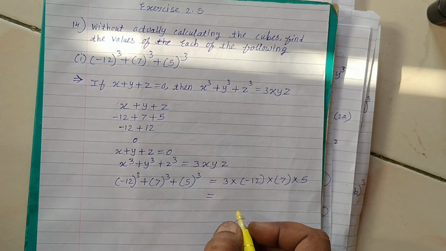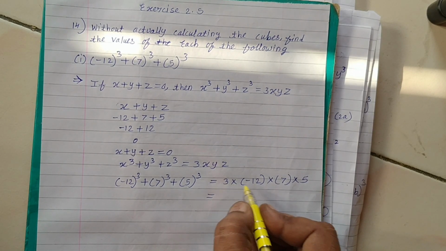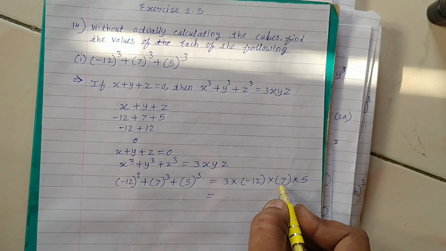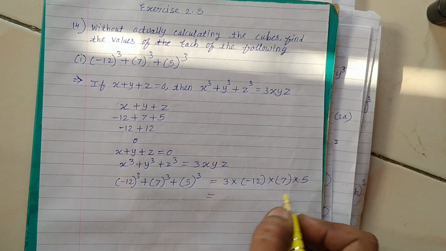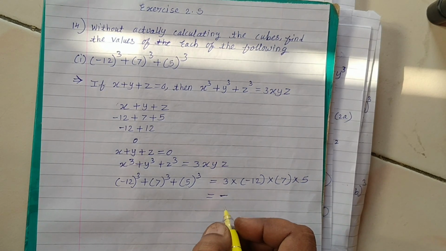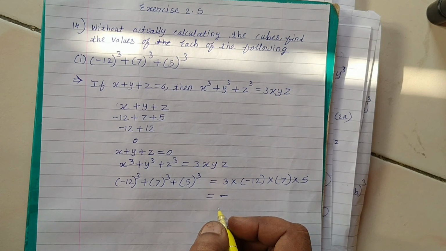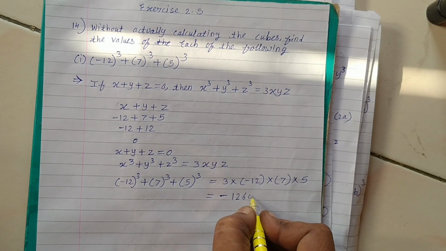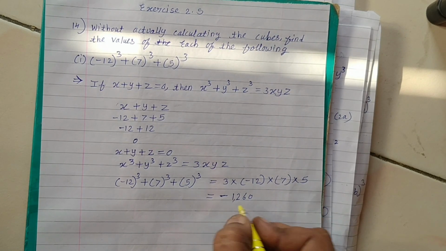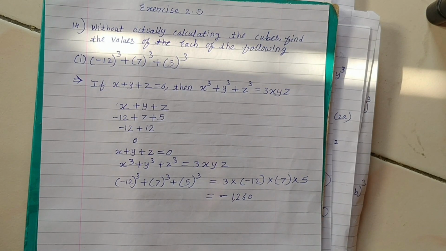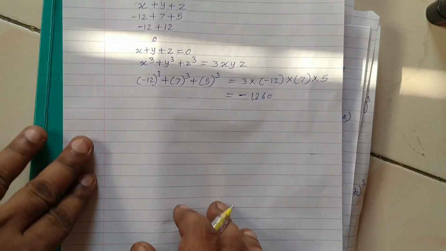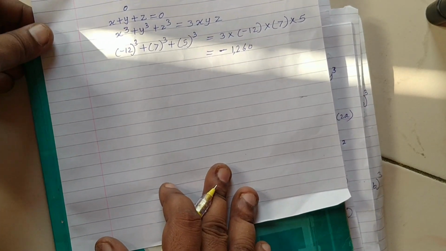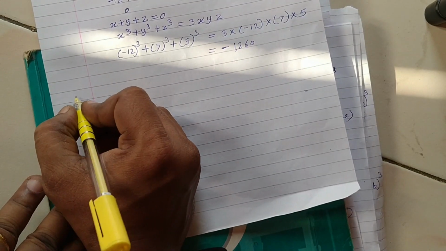After multiplying, the signs are plus into minus, minus, and minus into plus, minus, so your answer will be negative, and the answer is -1260. After multiplying this, you will get -1260.